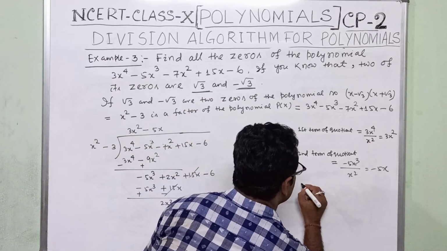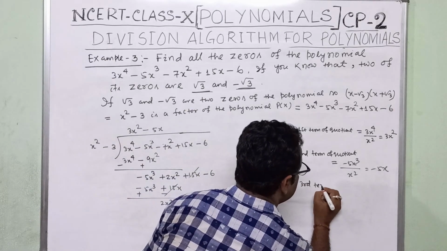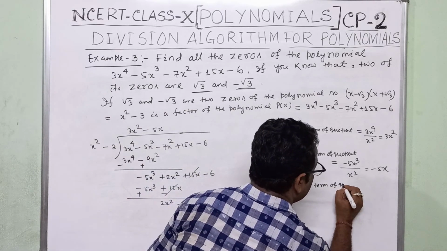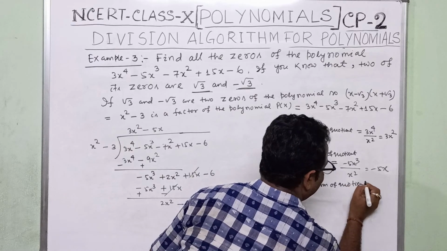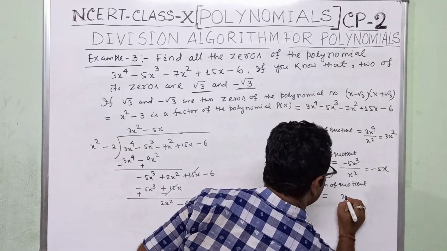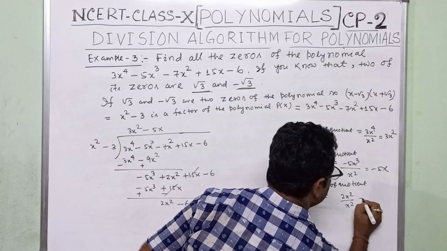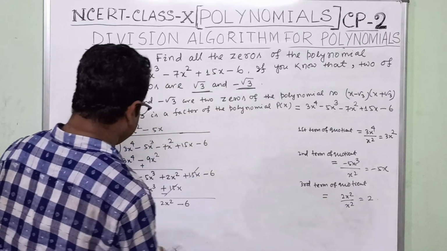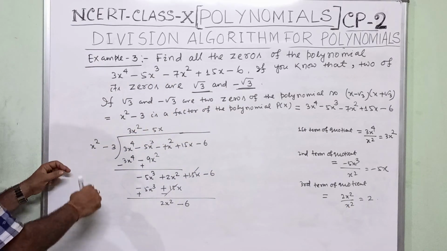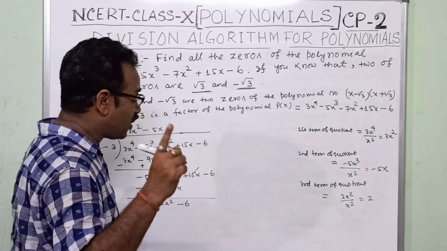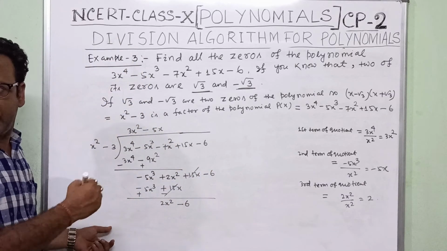So the third term of the quotient is equal to 2x square by x square is equal to 2, dividing that term by the first term of the divisor. Already I have explained that one.